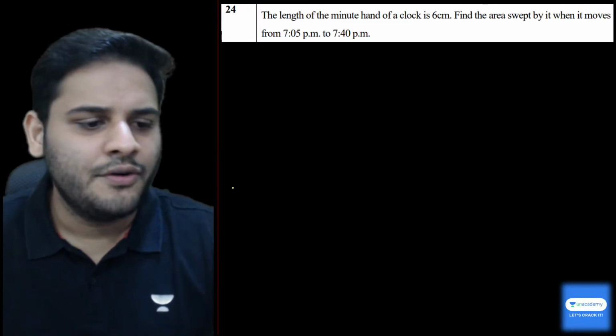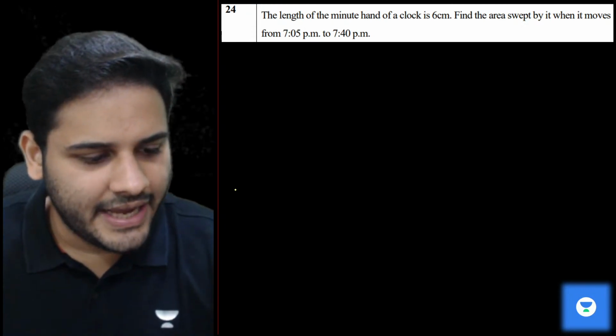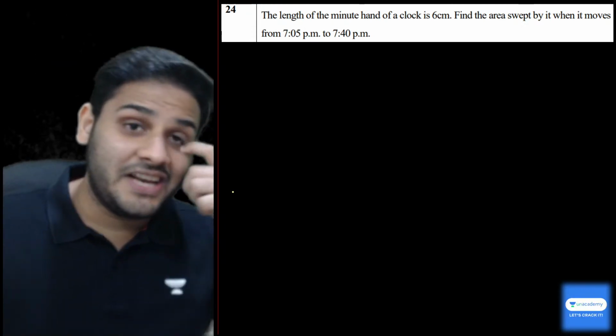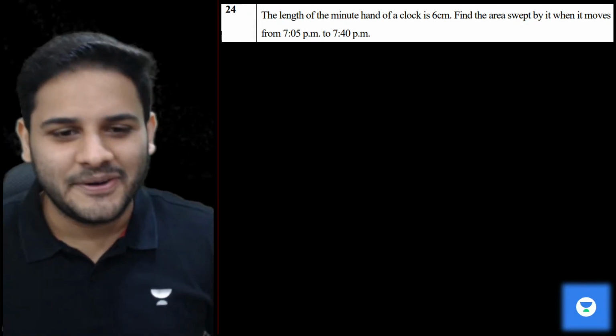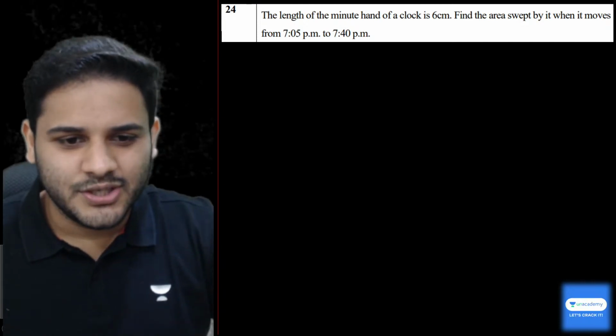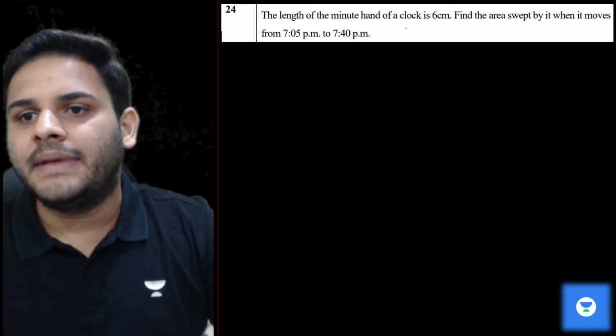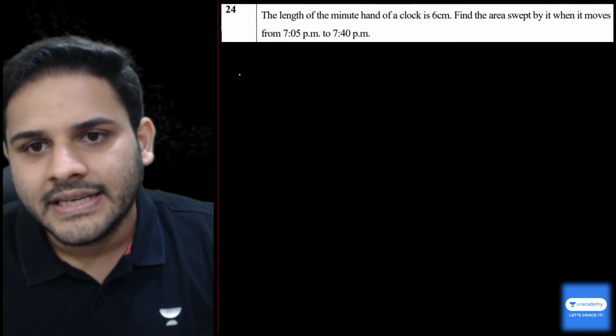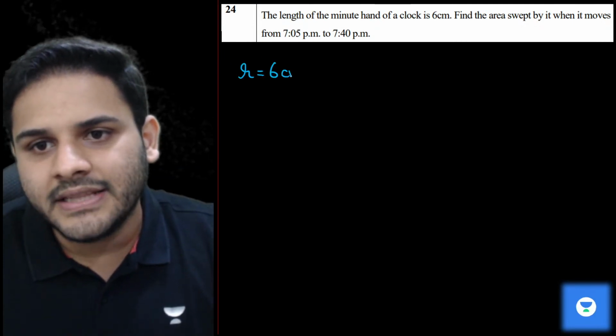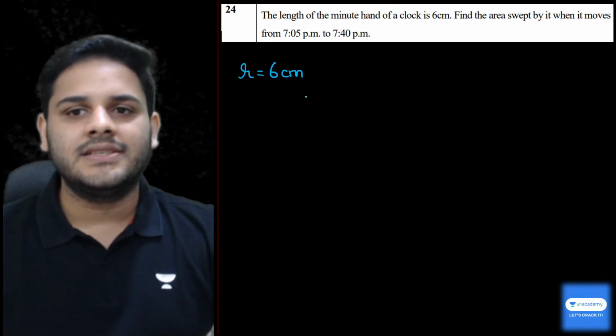The last one for this particular session, and then we have a special class at 3:15 today after this video. Chalo, solve this one. The length of the minute hand of a clock is 6 centimeters. That means the radius is 6 centimeters.